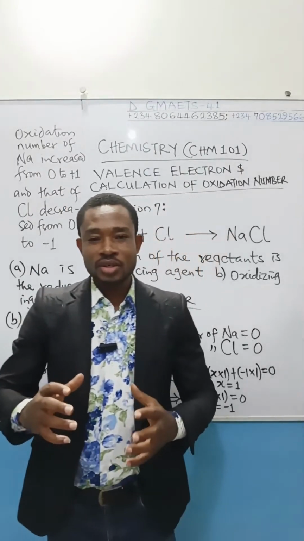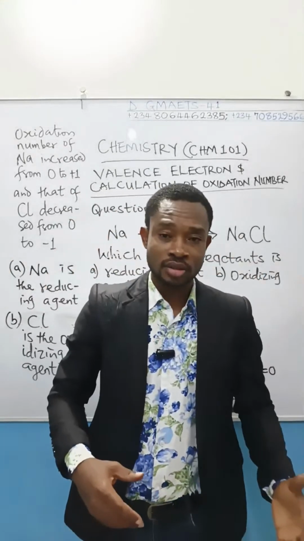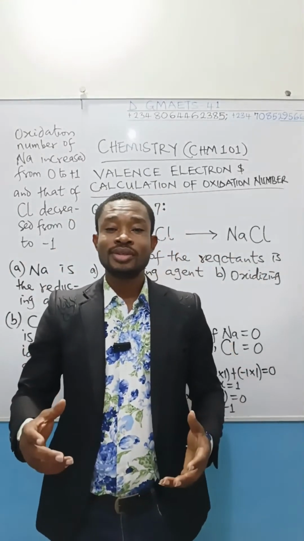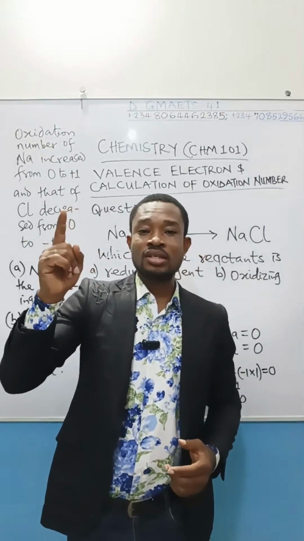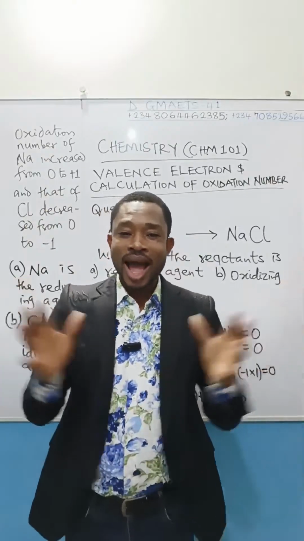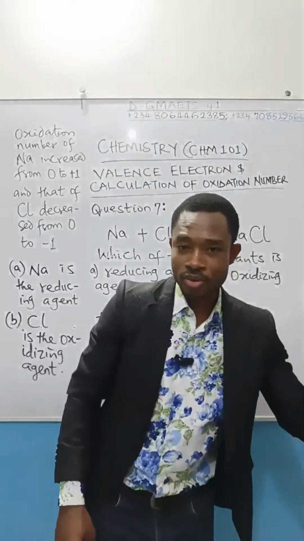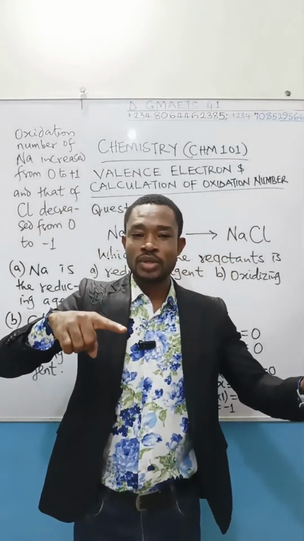To calculate the oxidation number of any element in a compound or in an ion, all you have to do is to multiply the valency of each element in that compound by its atomicity. Add all of them together and then equate to 0 if it is a compound you are dealing with.